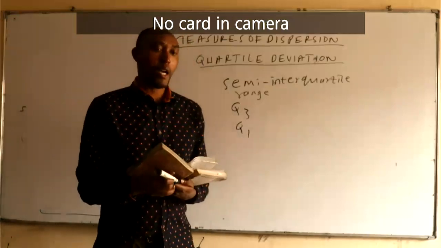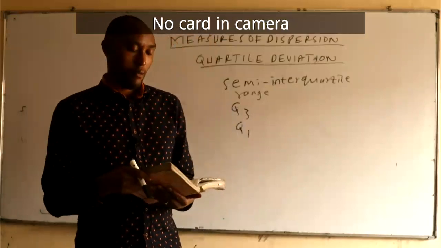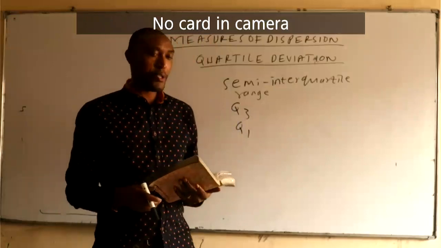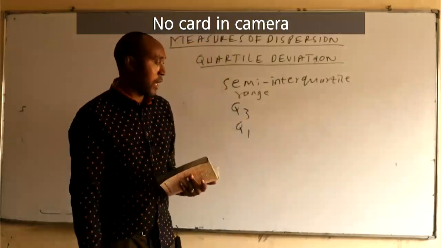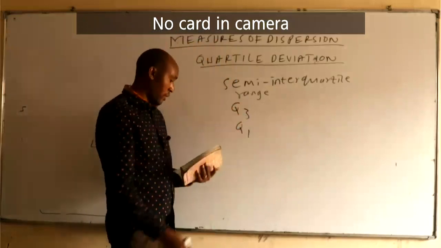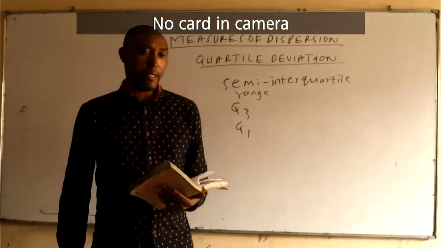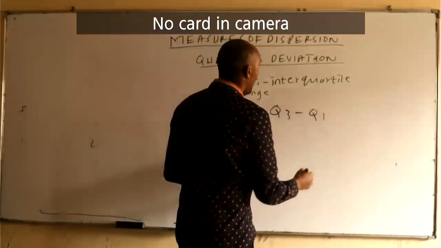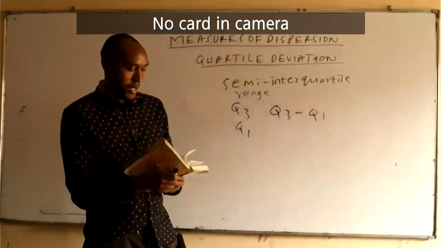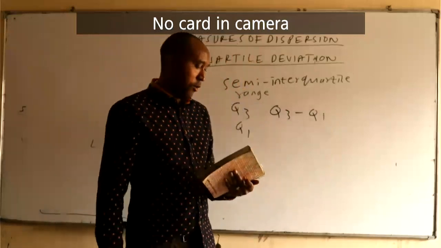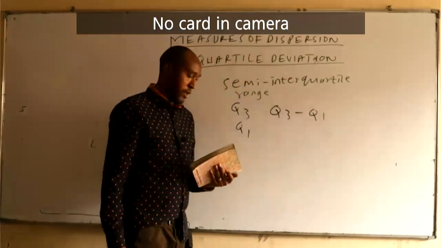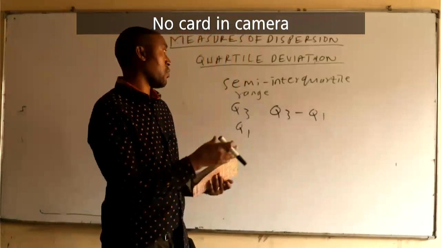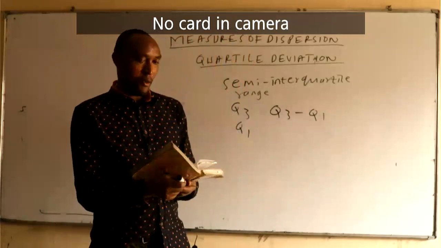The difference between the upper quartile and the lower quartile is called the interquartile range, and one half of this range is called the quartile deviation.